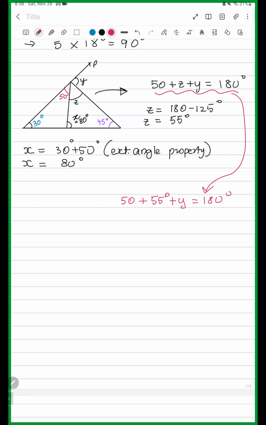So y is how much? 50 plus 55. 85. No, so it's 75. Okay. Done. Yeah. All right.